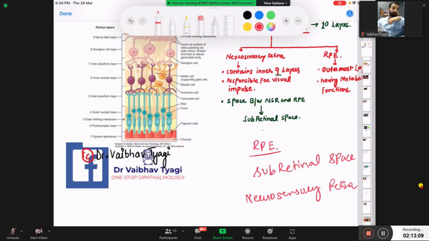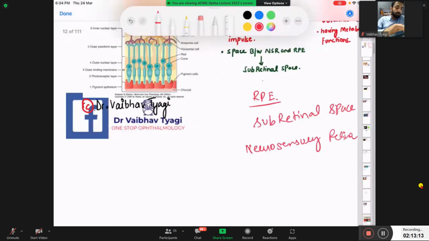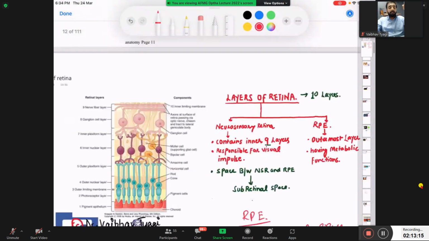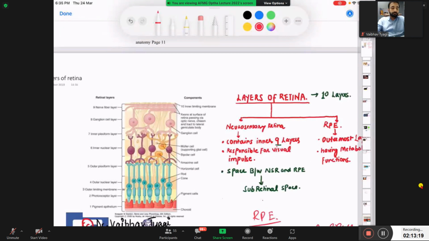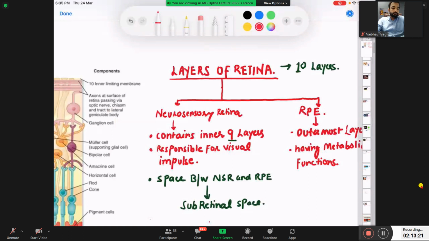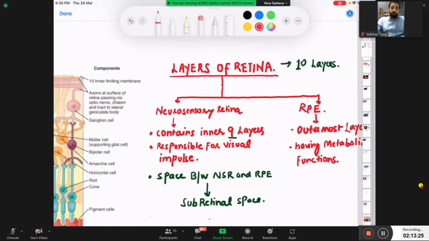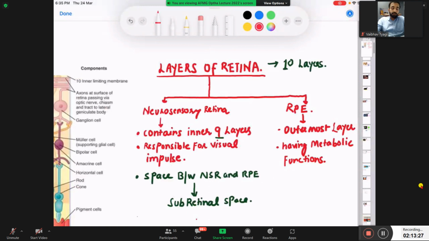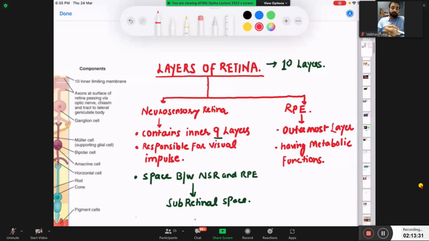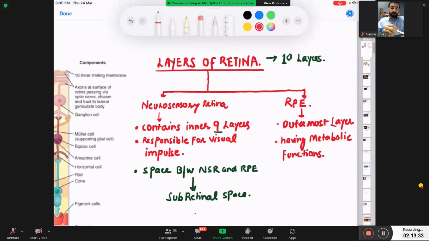Okay. Now write down. In the layers of retina, the layers are divided into 2 parts, the neurosensory retina and the RPE. RPE is the outermost layer and it is having metabolic functions.